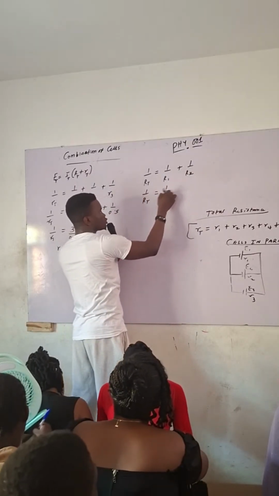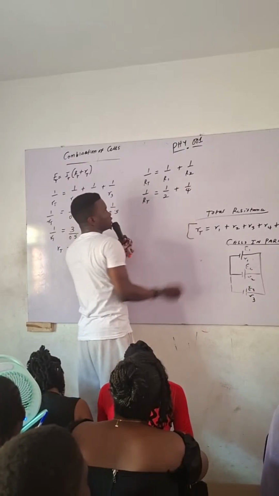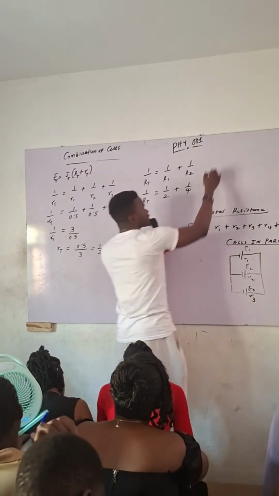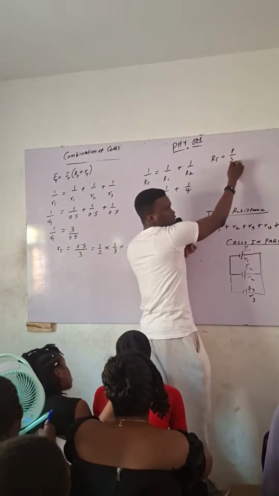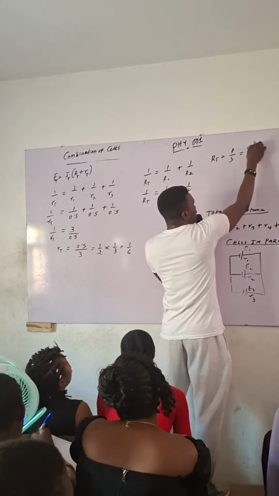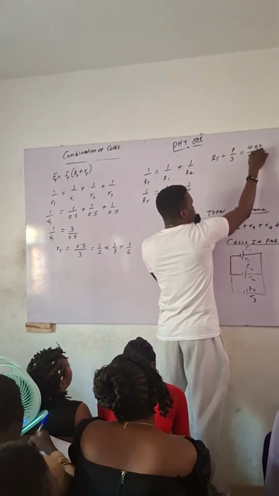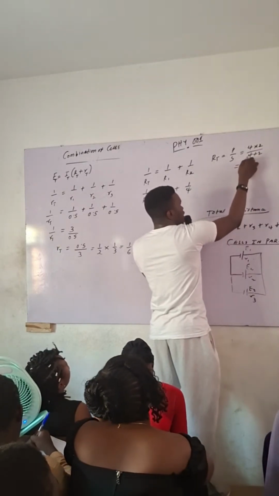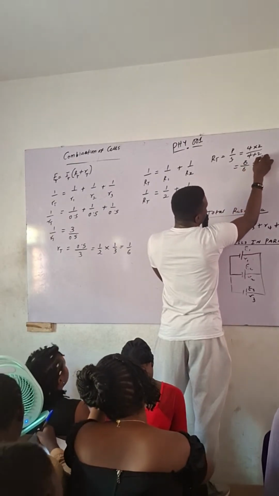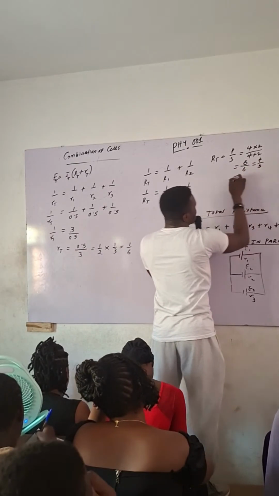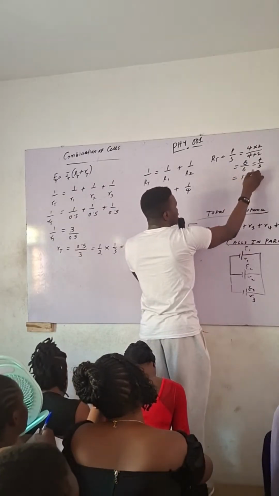That's 1 over 2 plus 1 over 4. Or you can do that R total is equal to product over sum, Abi. So you can do 4 times 2 over 4 plus 2. And that can be 8 over 6, which is what? 4 over 3. And that's 1.33 whatever.